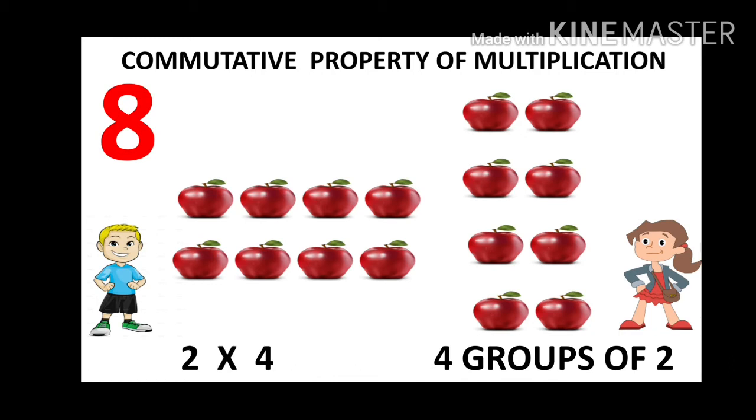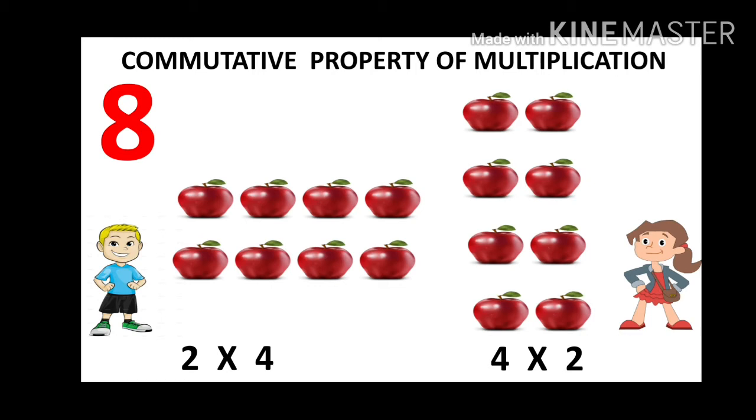So 2 groups of 4 can be written as 2 times 4 and 4 groups of 2 can be written as 4 times 2. So 2 times 4 gives 8 and 4 times 2 also gives 8. That means 2 times 4 is the same as 4 times 2. So this is the commutative property of multiplication.